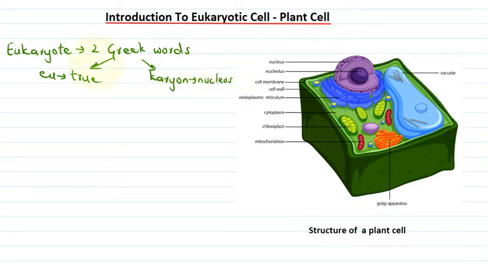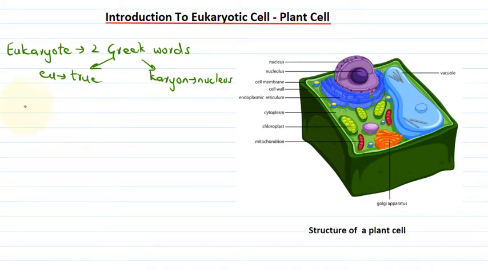And these eukaryotic organisms are those which have well defined nucleus and they have membrane bound organelles. Okay, so the definition of eukaryote remains the same. So now we will be studying about the different parts of plant cell.